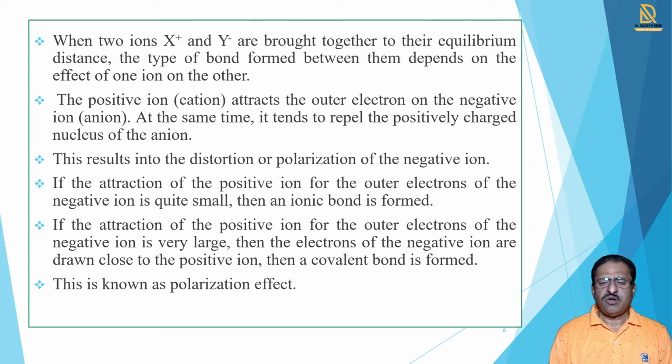If the attraction of the positive ion for the outer electron of the negative ion is very large, then the electrons of the negative ion are drawn close to the positive ion, and in this case a covalent bond is formed. Such polarization is known as the polarization effect.